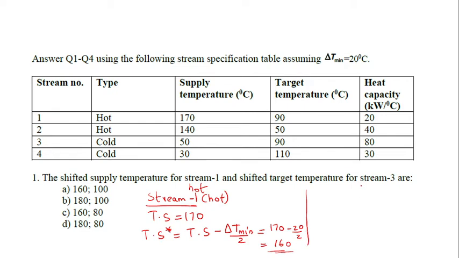And for cold stream, next they asked for shifted target temperature for stream 3. So let's see what is stream 3. Stream 3 is a cold stream. So for cold stream we need to add half of delta T min. The target temperature for stream 3 is 90 degrees Celsius.